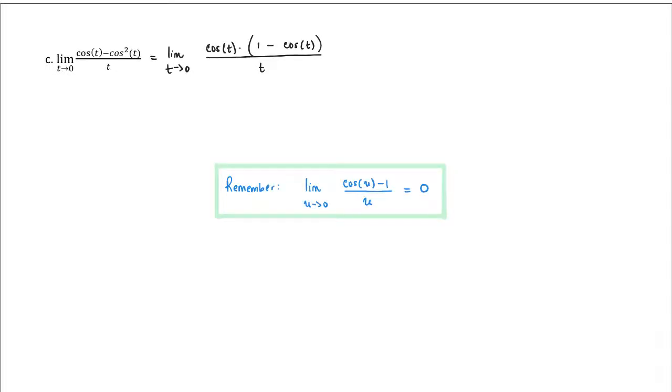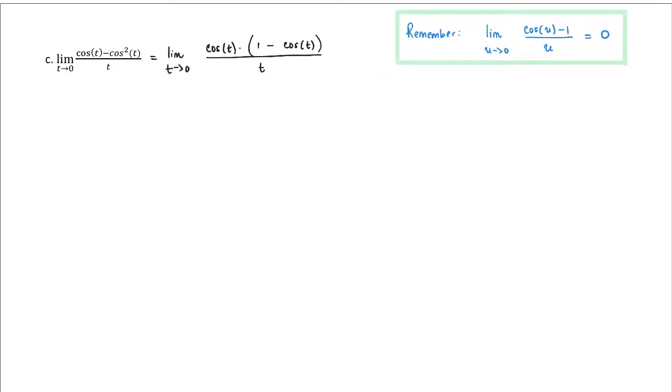So doing that, we're going to have the limit as t approaches 0. Cosine of t is going to come out. And then we're going to have 1 minus cosine of t, all this divided by t. Then I want you to notice that indeed we are going to end up dealing with this result right here.